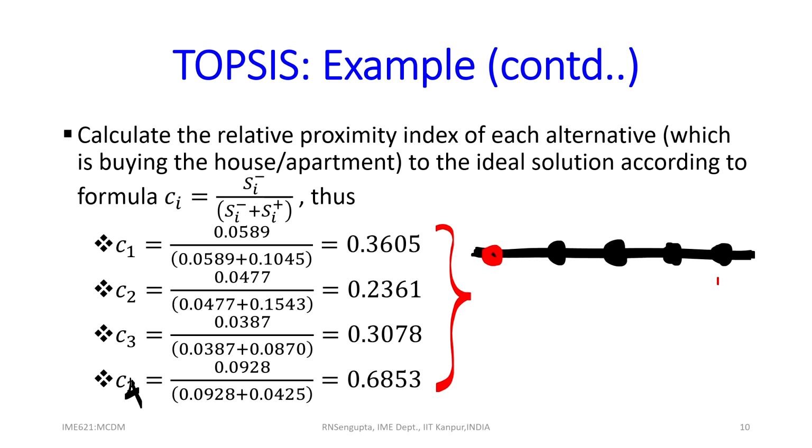So, technically this would be C4 because it is 0.68. Then it will be C1, then C3, and last is C2.